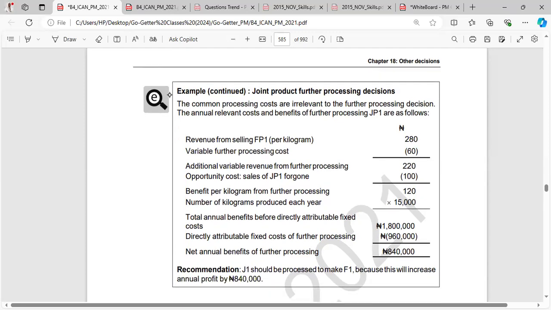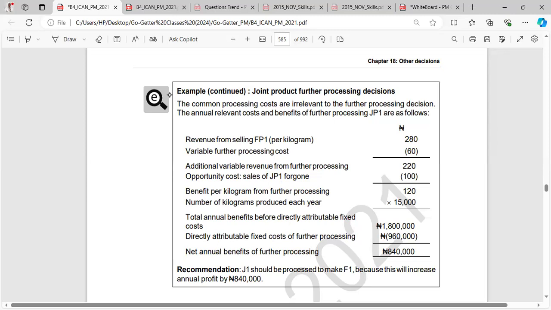So this is the additional variable revenue that you will gain from further processing, your variable contribution of 220. So this is what you are gaining in further processing.